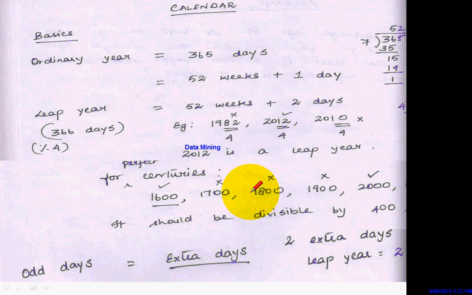Okay, and for perfect centuries, this goes differently from the normal years. Suppose perfect centuries are given, say 1600, that is a year ending with the last 2 zeros: 1600, 1700, 1800. If the last 2 digits are zeros, we cannot directly say by dividing by 4; that will never work out here.